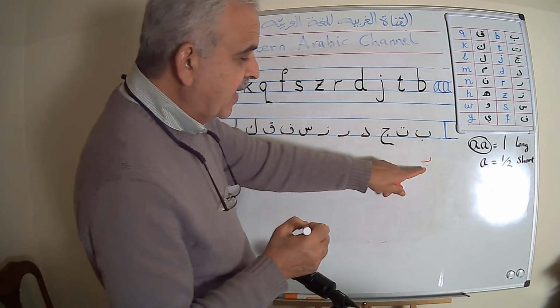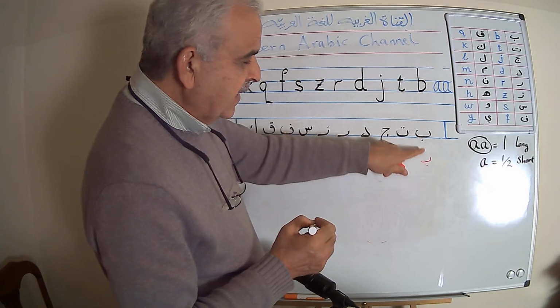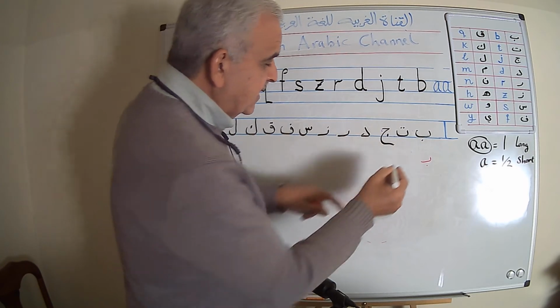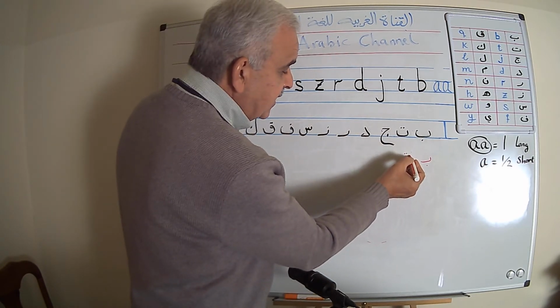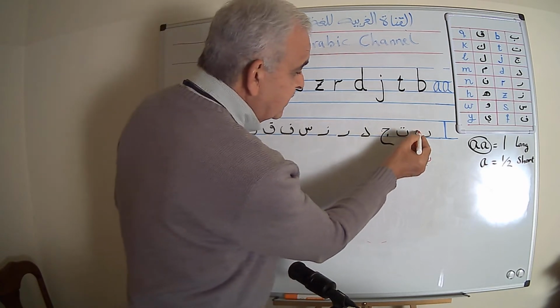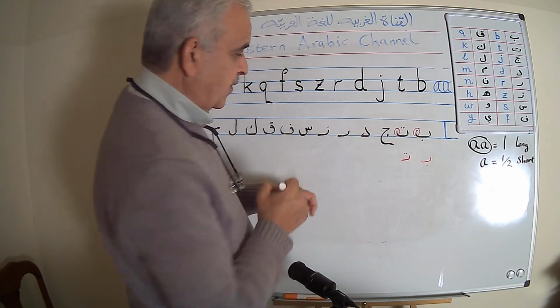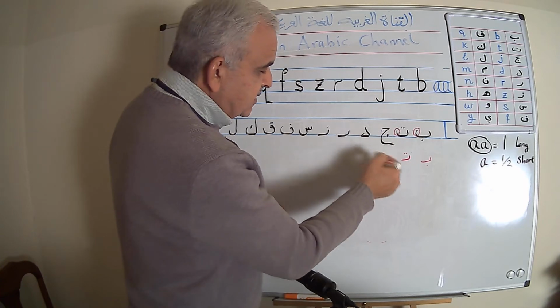So if it becomes at the beginning or in the middle, it's like this. At the end is like this. The same with T. The T is the same thing, just cut its tail. You know, this tail. Just cut this tail. Okay. G, just cut its tail.